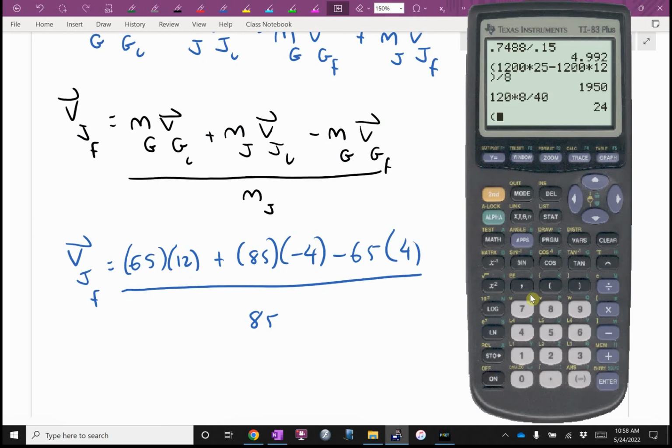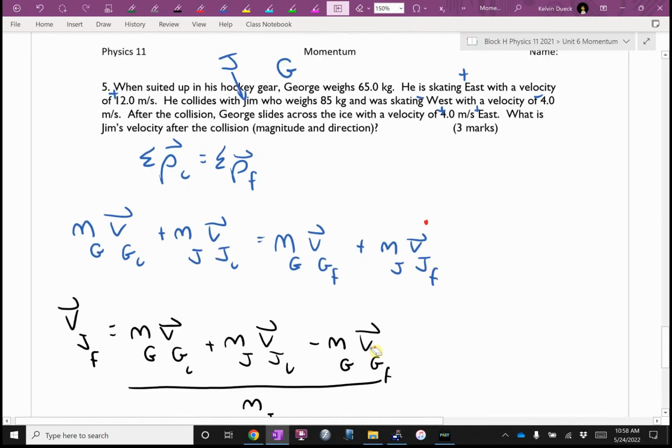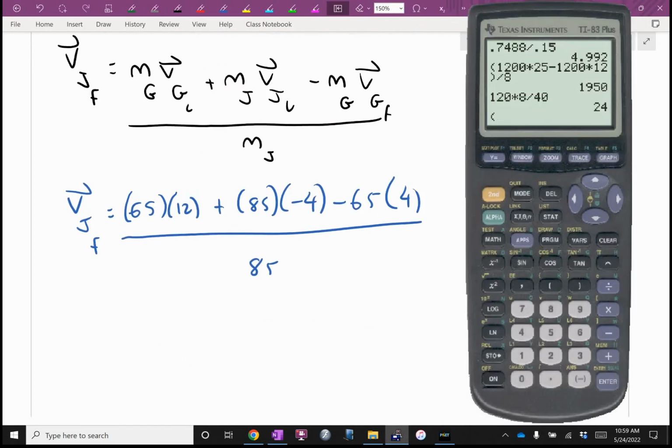Bracket. Did I make a mistake? Okay. 65 times 12 plus 85 times negative 4 minus 65 times 4, divided by 85. You got 2.12? Yeah.